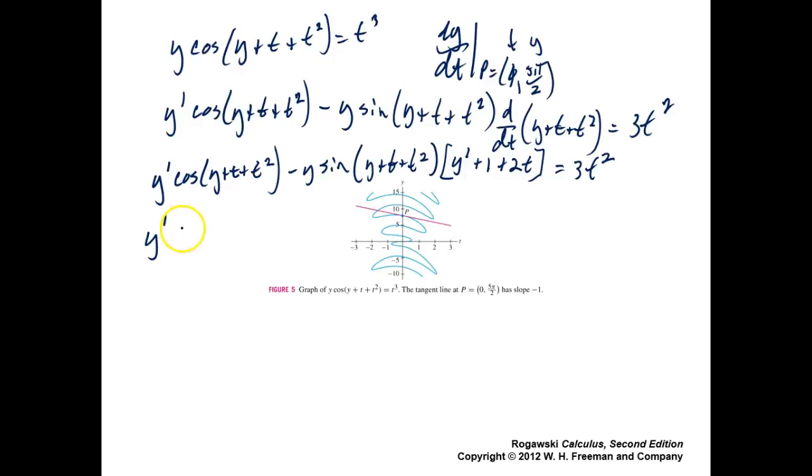Y prime, that's what we're looking for. So, don't hang on to that. Times the cosine of, and your y is 5 pi over 2 plus 0 squared. So that'll just be that. Minus y, and the y is 5 pi over 2, times the sine of 5 pi over 2 plus 0 plus 0.